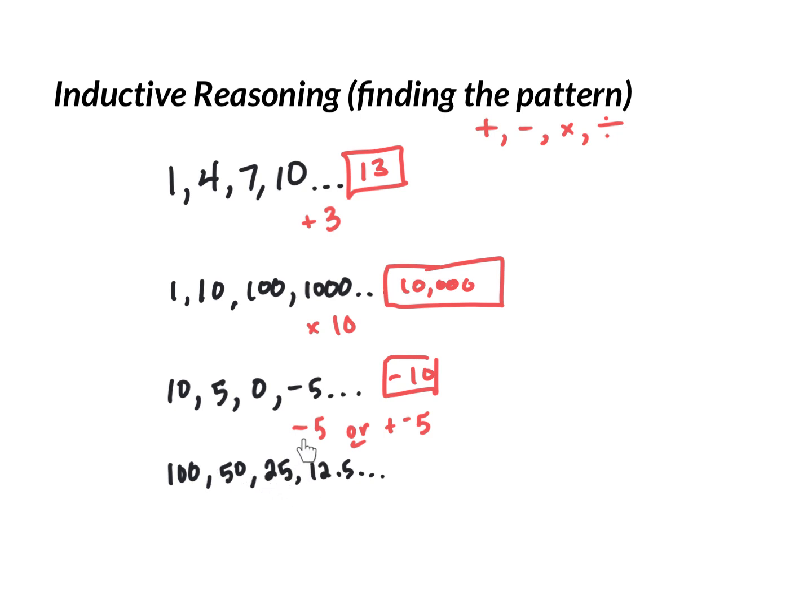Similar to our adding a negative, I would look at this and say it looks like you're dividing by 2 every time. But a lot of people would say that's multiplying by 1/2, and I might tend to want to write it that way, to be honest. So you could say either I'm dividing by 2, or I'm multiplying by 1/2. Same type of thing. So if you did 12.5 divided by 2, you would get 6.75.